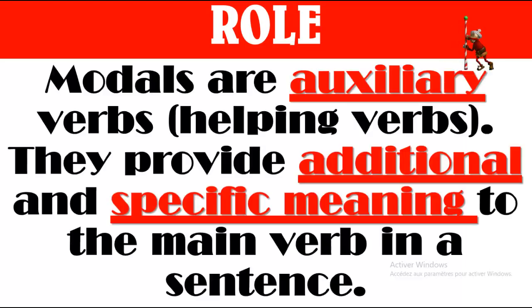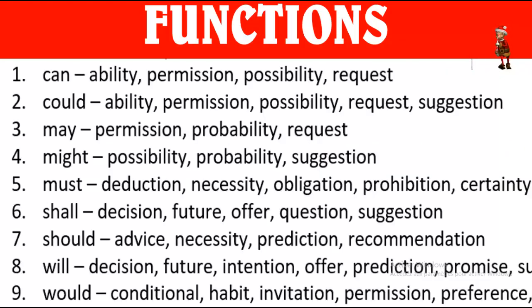What are the roles of the modals? Modals are auxiliary verbs, meaning helping verbs. They provide additional and specific meaning to the main verb in a sentence. So the role of the modal is to give more meaning to a main verb.